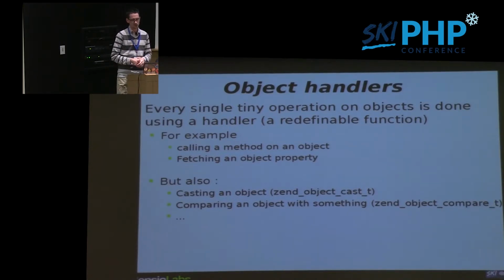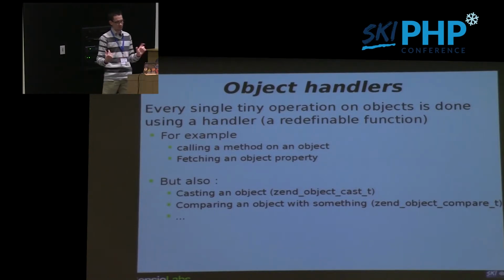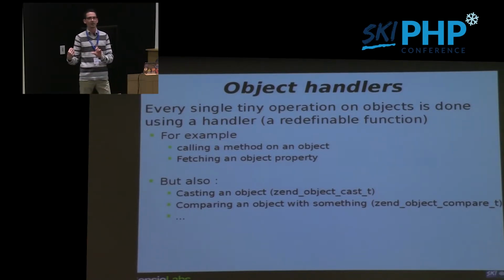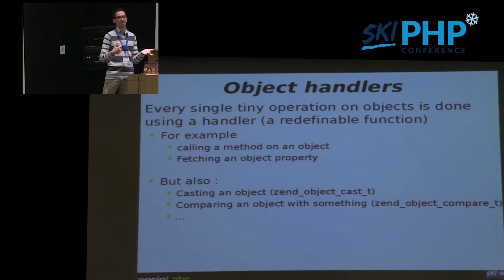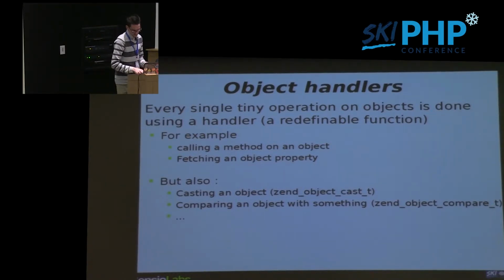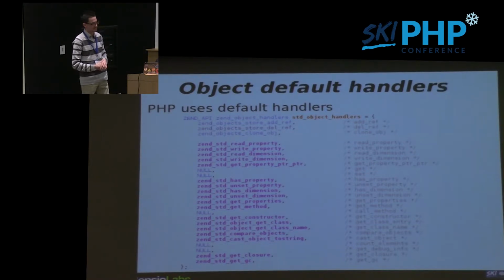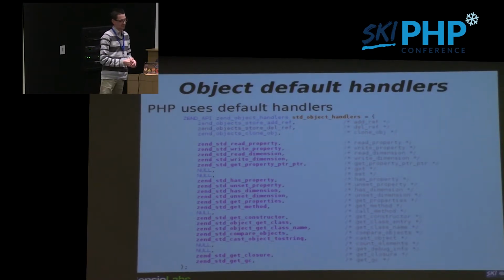This is interesting when you compare $o1 == $o2, or is greater, is less than. By default, the engine will always say true. You cannot override this from PHP land, but you can override it when you develop extensions. So the default handlers are all there: standard write dimension, then standard read dimension, etc. Some are null.